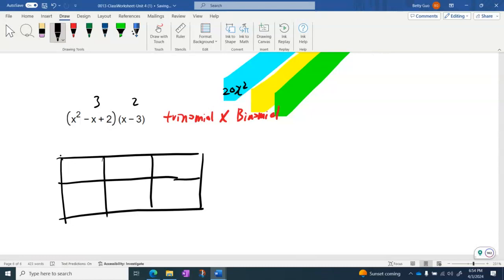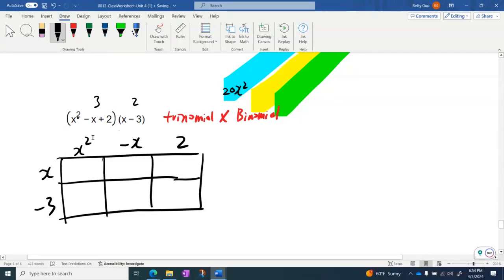I'm going to place the binomial, the two terms in the binomial, on the left side of the box, x minus 3. First term x, second term negative 3. And it has three columns, so on top of the box, I'm going to place the three terms in the trinomial. x squared, negative x, positive 2.